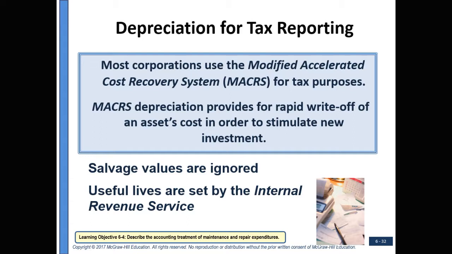You can find more information about MACRS and the classes in a couple of places. Most clearly, you will find it on the IRS website. If you go in and you search for MACRS, it should populate several options for you.